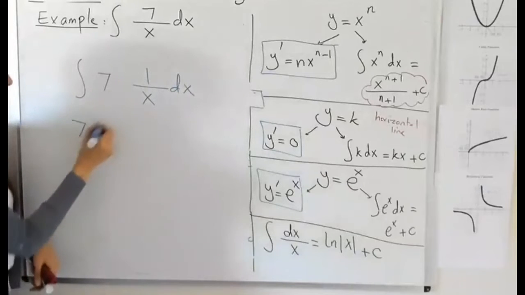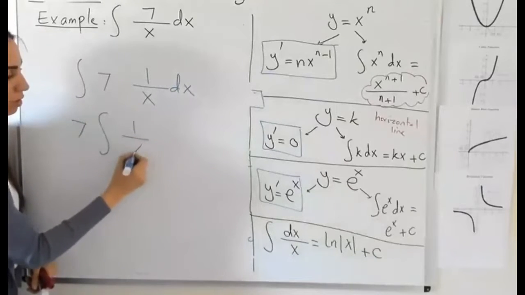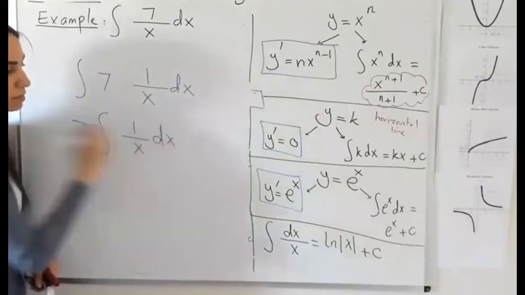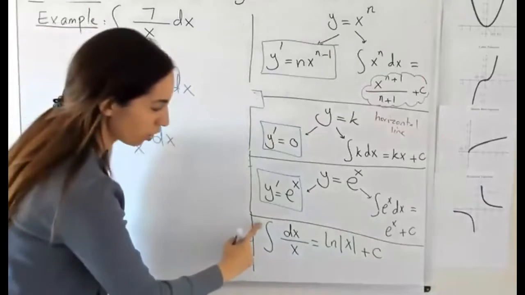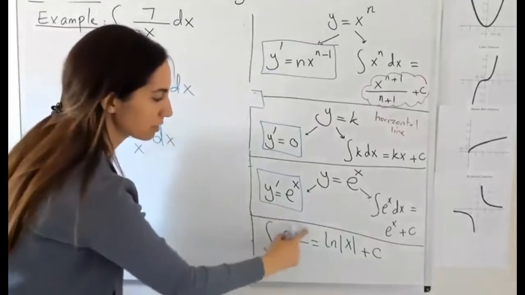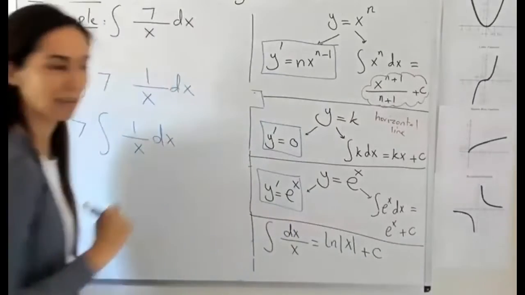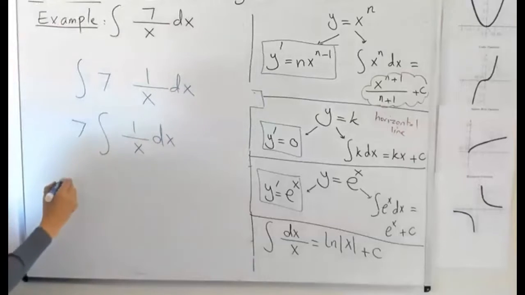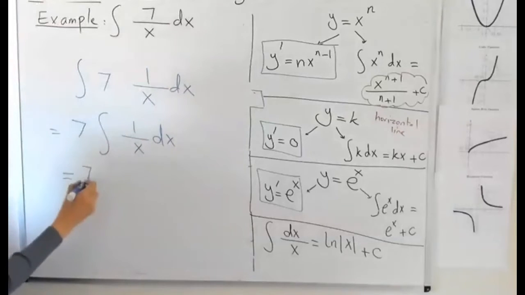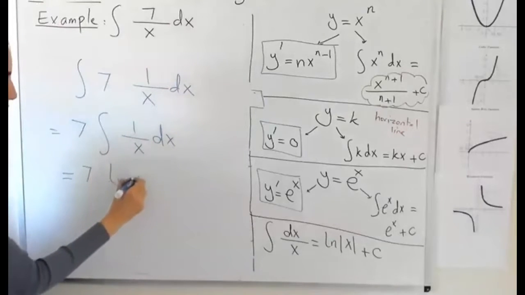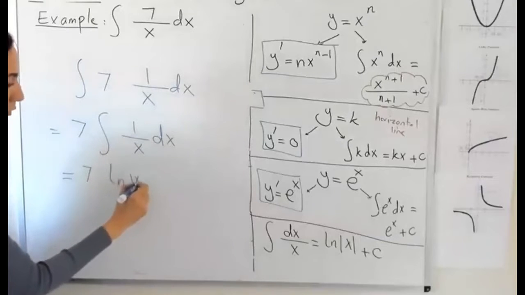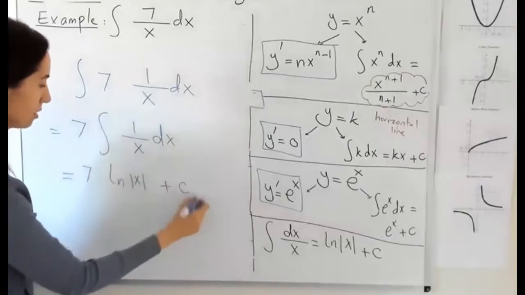You can write 7 in front of your integral, 1 over x dx. The integral of 1 over x dx is defined as ln of absolute value of x plus constant of integration. So this is equal to 7 times ln of absolute value of x plus c.